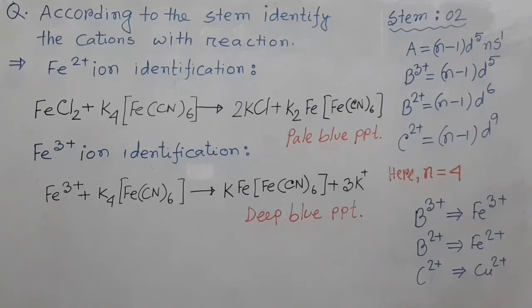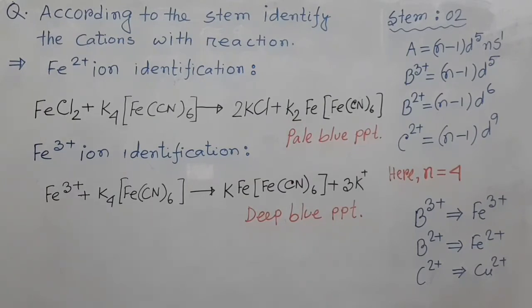So first is Fe2+ ion identification. My dear students, if we add a small amount of potassium ferrocyanide solution to Fe2+ solution, then a pale blue precipitate is formed, and then we can say that Fe2+ is present, that means iron 2 plus is present in that solution.